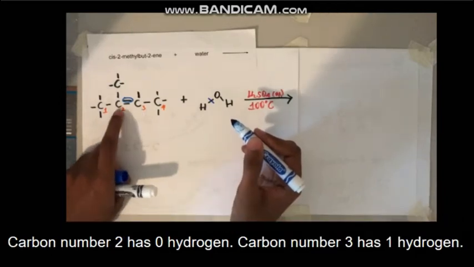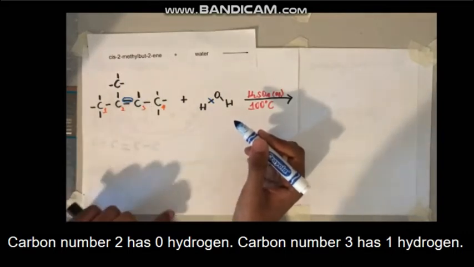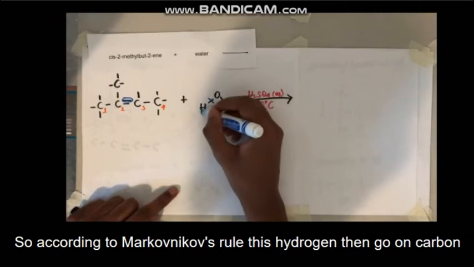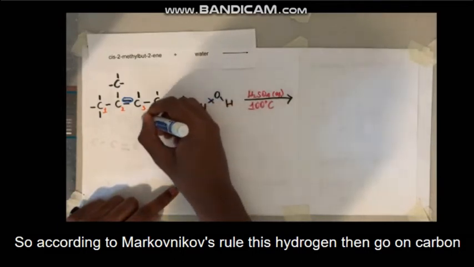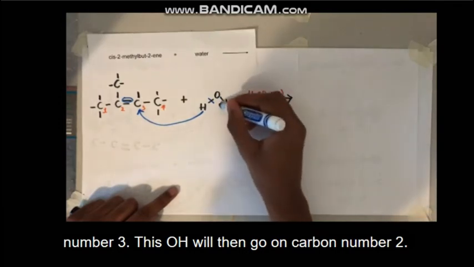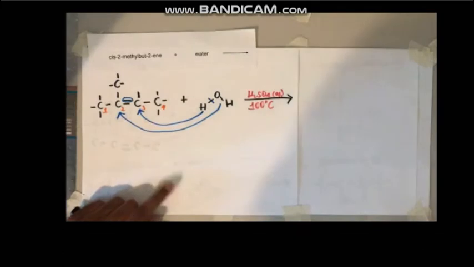Carbon number 2 has 0 hydrogen. Carbon number 3 has 1 hydrogen. So according to Markovnikov's rule, this hydrogen can go on carbon number 3. This OH will then go on carbon number 2.